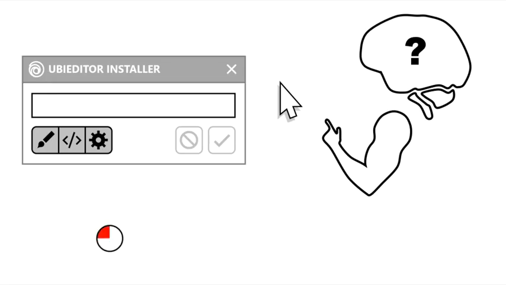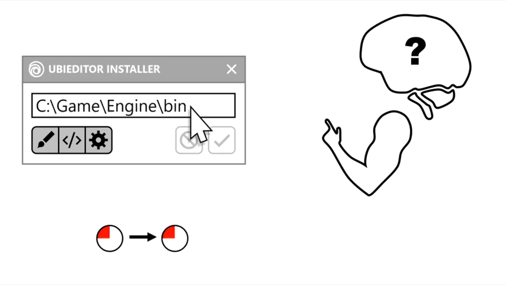When the user first opens the interface, they don't recognize anything, so they don't know where to start. So first, they spend some time trying to understand what they're supposed to do. After some time, they figure out that this box is for the path to install the engine, which they have to type by hand. Then they try to click on these buttons to finish, but they're disabled and they can't figure out why.